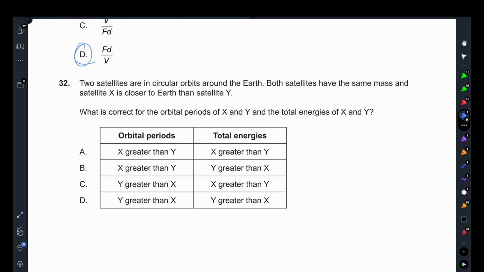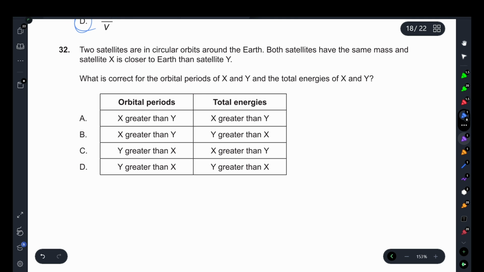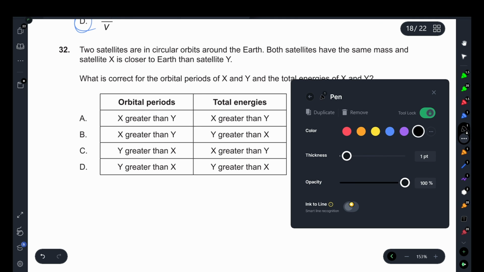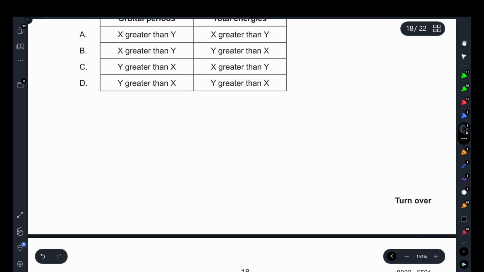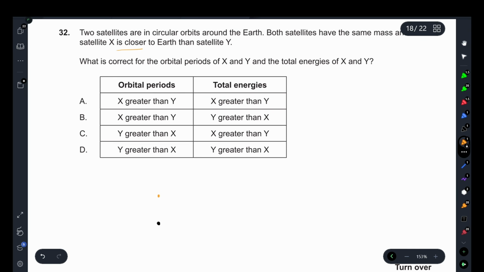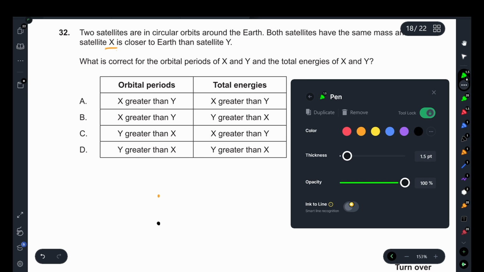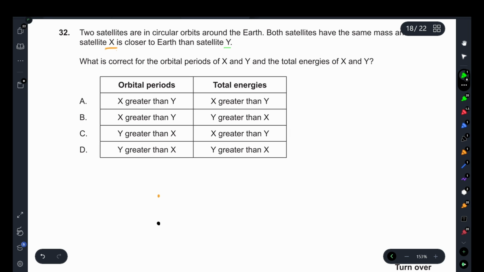Next, we move on to question number 32 with satellite motion. So let's go ahead and draw a quick diagram for this. Use black. So if this is the planet, we have two orbits, one of X, which is closer to Earth, and one of Y, which is further from Earth.